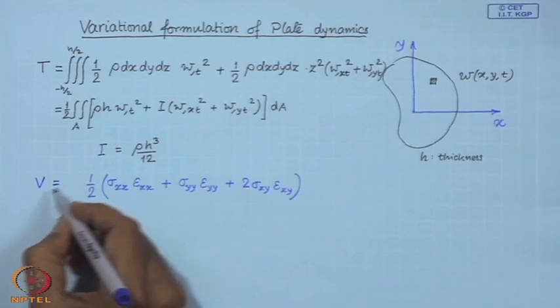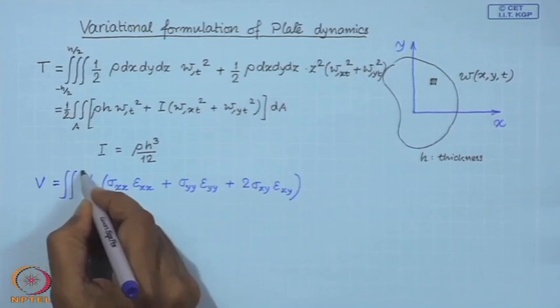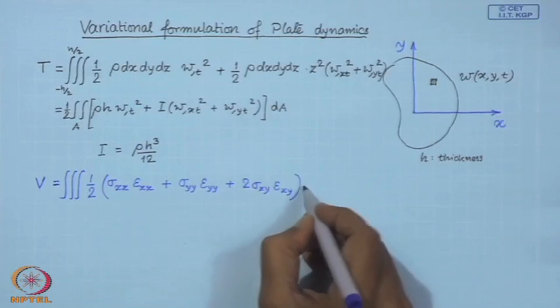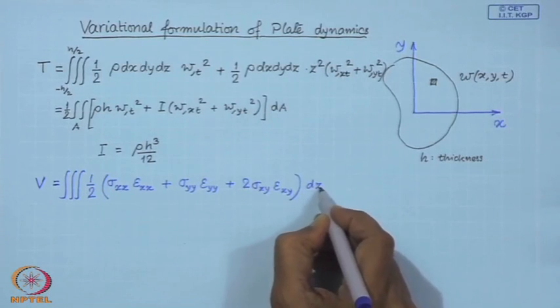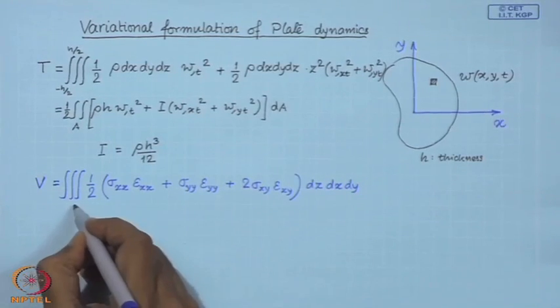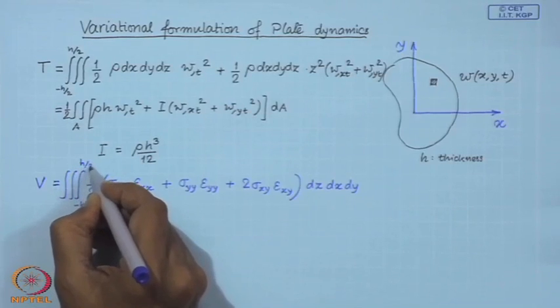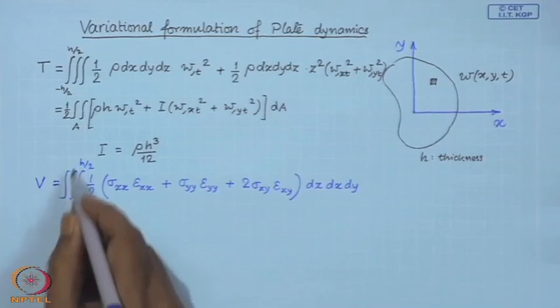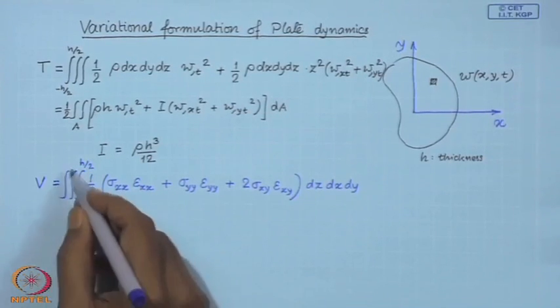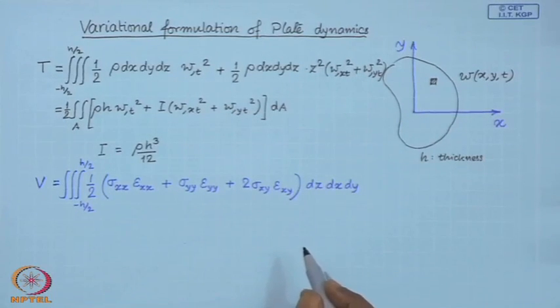So, now I have to again integrate, where the thickness goes from minus h by 2 to h by 2, and x y go over the domain of the plate.